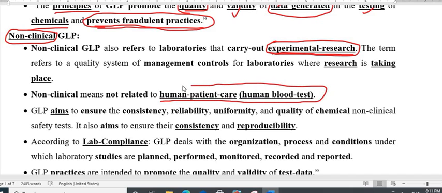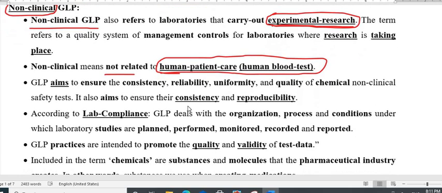Whatever practices we are doing other than human patient care are called non-clinical GLP. So in simple words, the research work that is performed in a laboratory or research laboratory is called non-clinical GLP, and it is not related to human patient care.